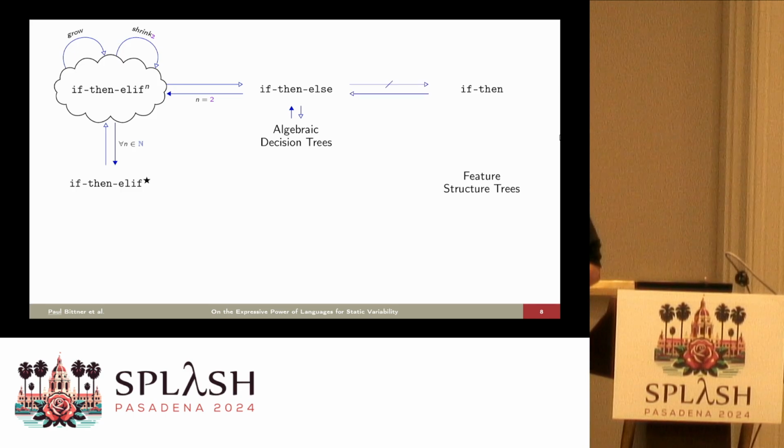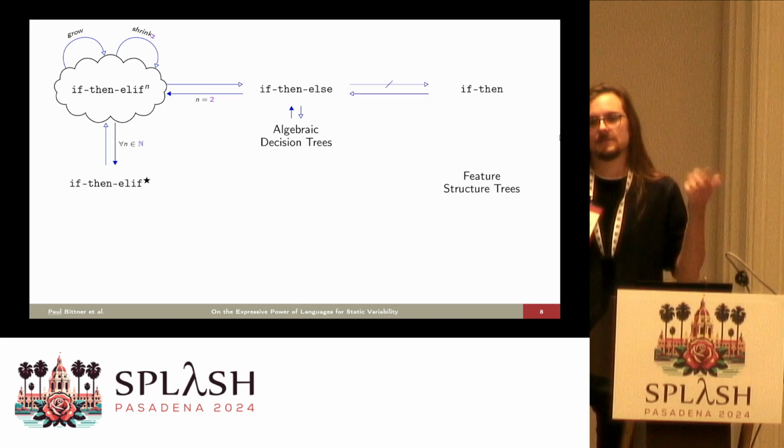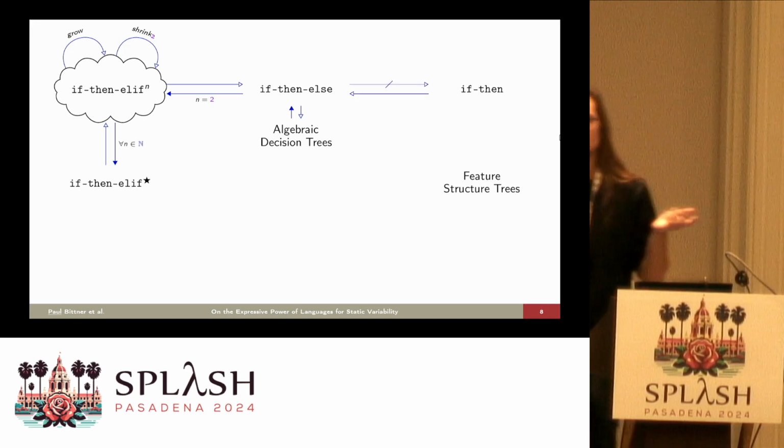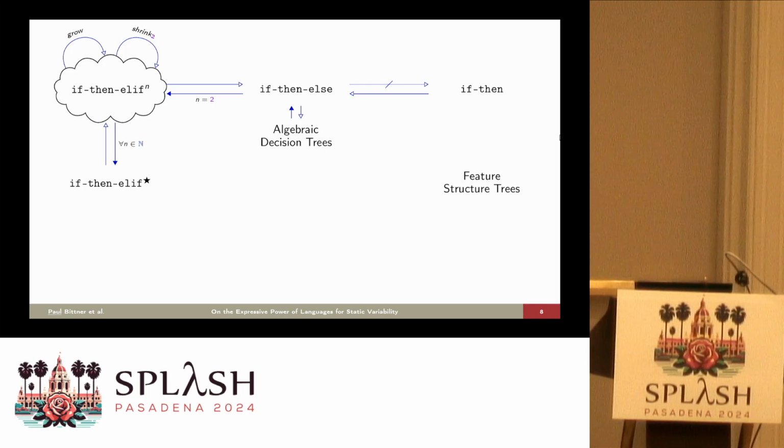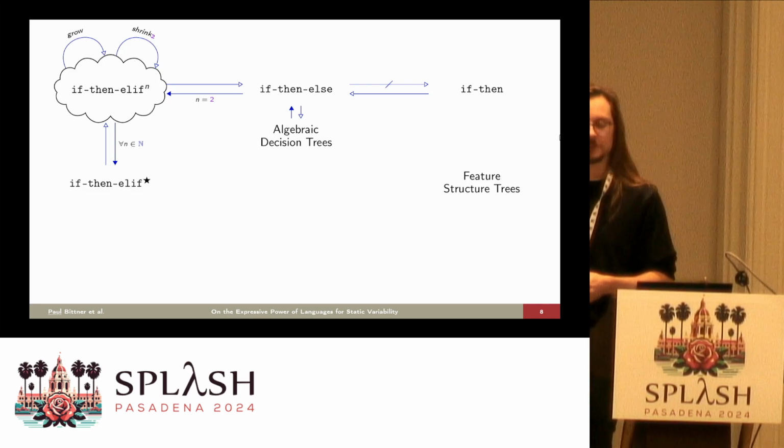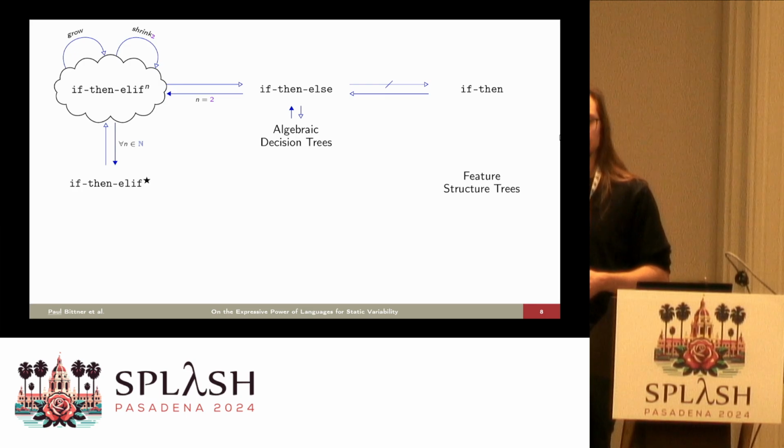We also compare these languages with option calculus on the top right. This is a new language we introduced to capture the semantics of just if-then statements, because that's frequently used in variational analysis, but never was really formalized. As you might guess, an if-then statement can always be expressed with if and else, but not the other way around.